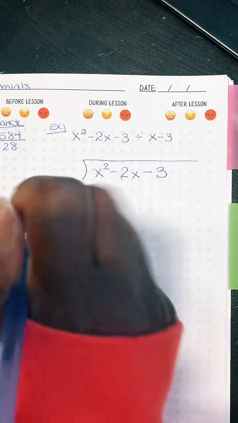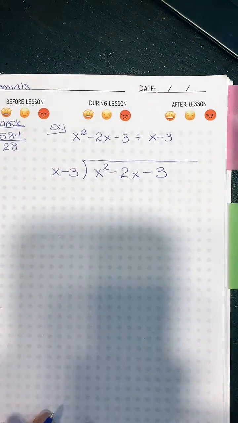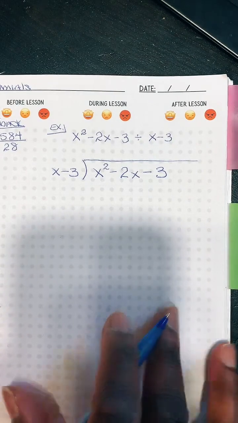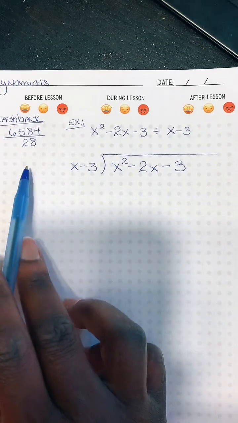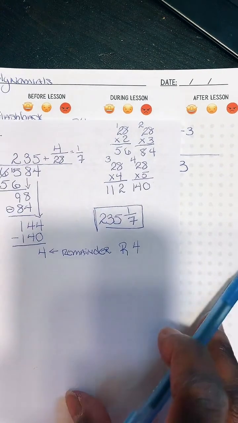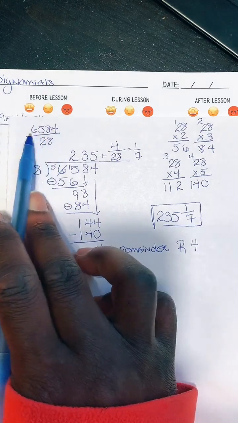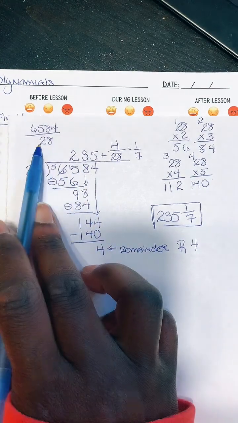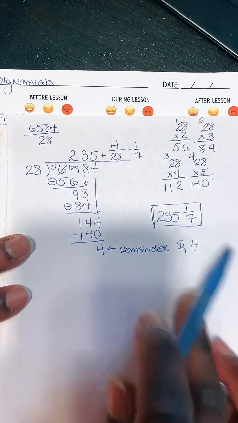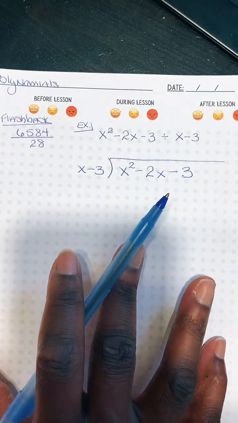My divisor is x minus 3. Okay? So it's almost like the example that we had. Let me bring that back here. My dividend was the number that was on top here, and my divisor was the denominator. All right. So now we have to think.